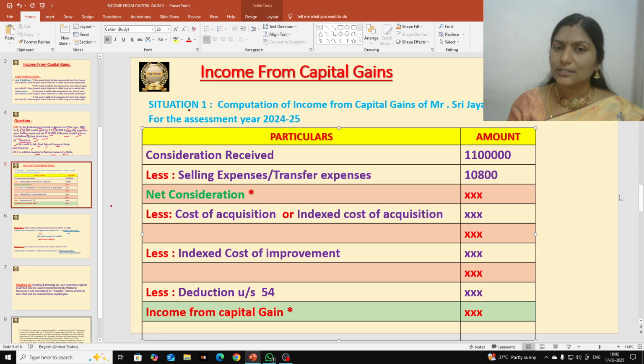And after that we should deduct 10,800 from 11 lakhs, students. To deduct you can use calculators. 11 lakhs minus 10,800. If you deduct, how much will you get? You will get 10 lakhs 89,200.